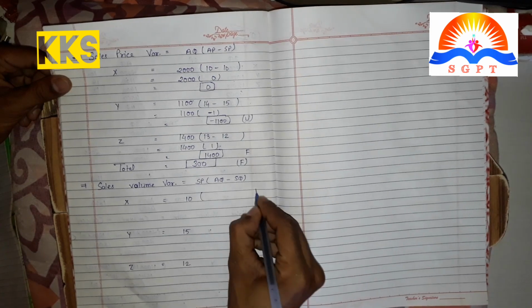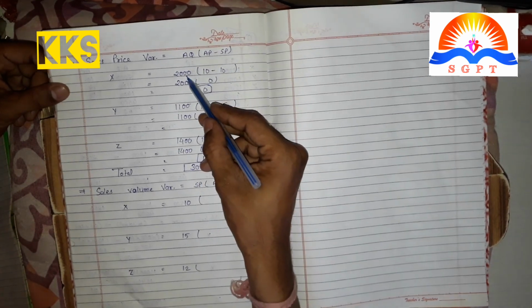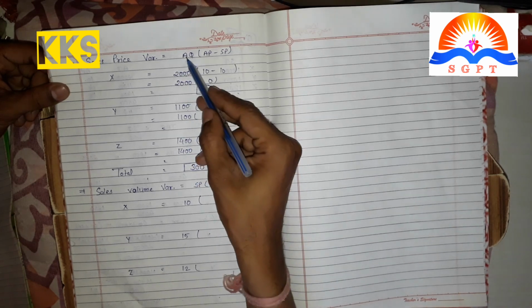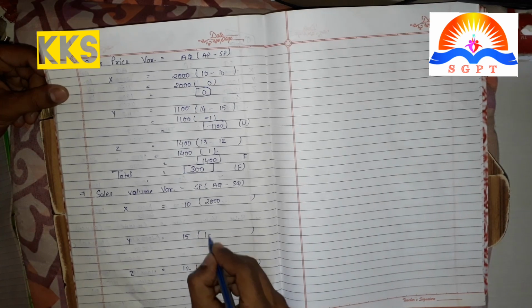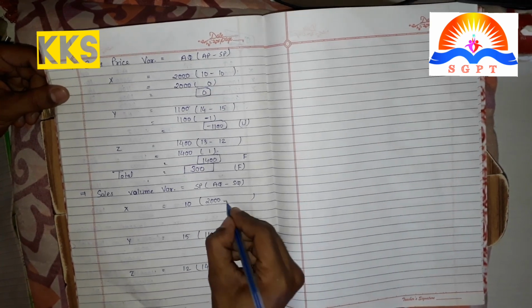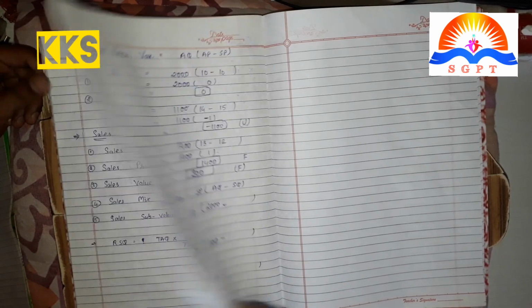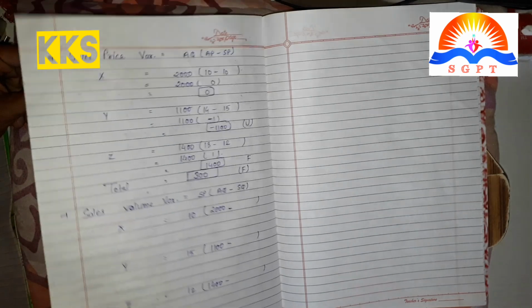AQ we can write from above: 2000, 1100, 1400. SQ: 1800, 1000, 1200.